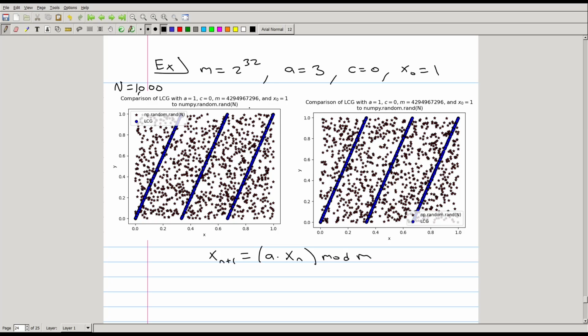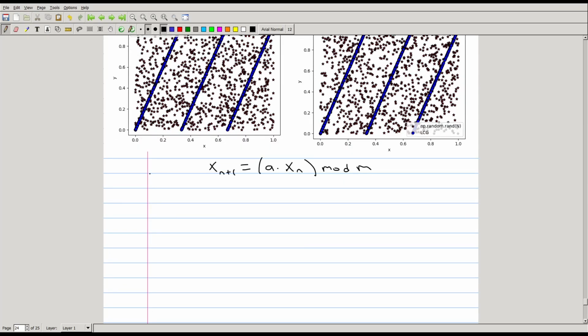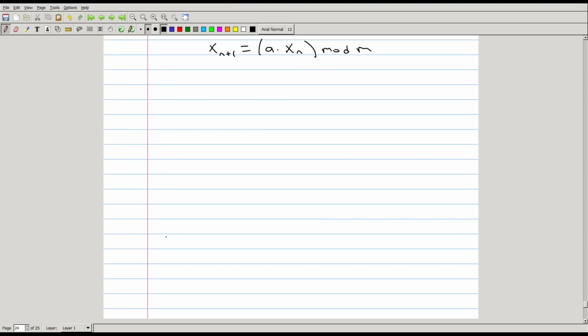What we'll notice is that if we increase the value of a, this is the same thing as, in some sense, increasing the slope of each one of these lines, we get something interesting.